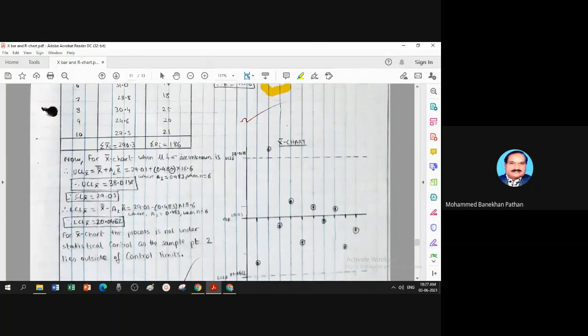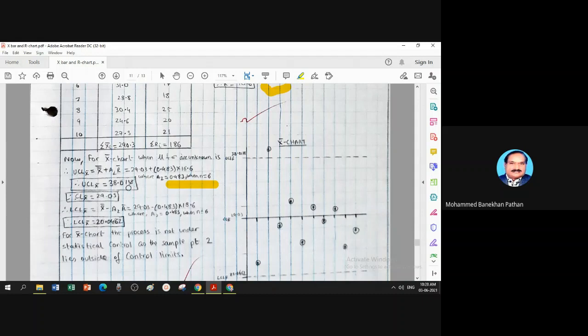Now in this question, mu and sigma are unknown. So I have control limits X double bar plus A2 R bar. A2 is from the statistical table. For the given value of small n equal to 6, this is 0.483. Put the numbers in the proper place and perform the calculation.